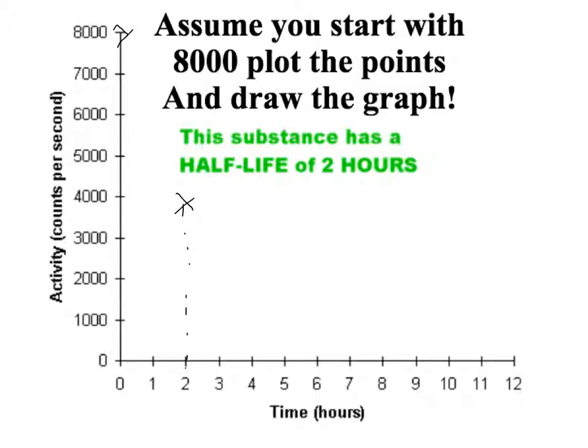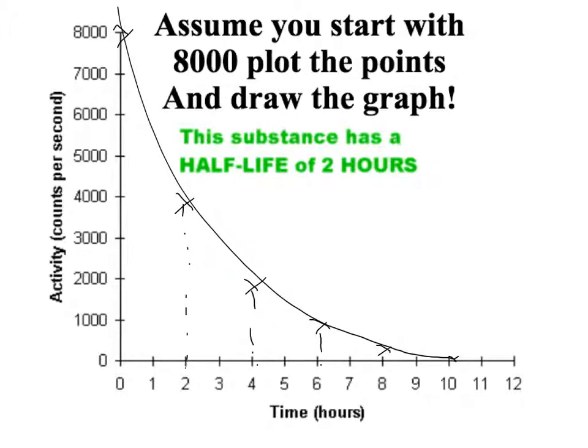After another 2 hours, it will halve again, so 4,000 halved goes to 2,000, so you get a point there. From 4, extrapolate that up. After another 2 hours, it will halve again, so 2,000 goes to 1,000 this time. At 8, it will halve again to be about 500, and then it would halve again on that one. And you could then draw your line of best fit through those.